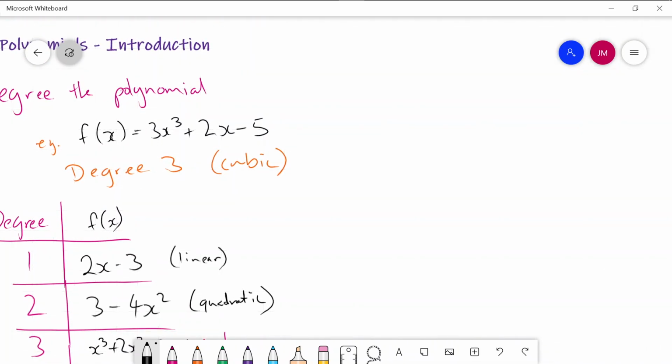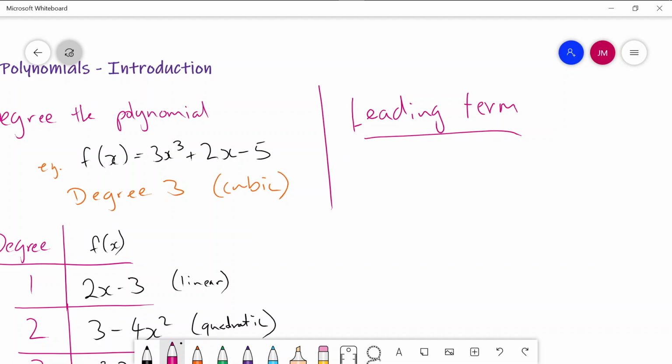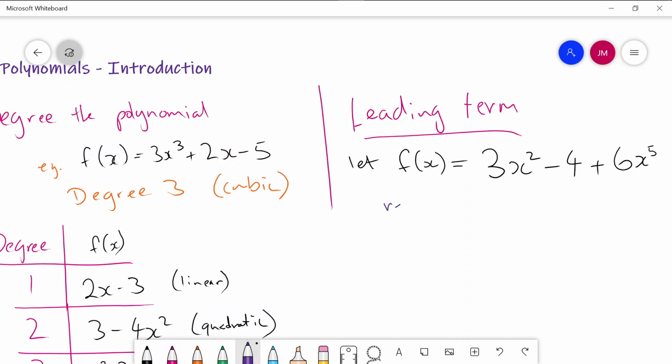Some of the other types of language you'll come across is we have the leading term. So to make it easier, we always list the powers of x in their descending order. So if I had a function f of x, so let's say it was 3x squared minus 4 plus 6x to the power of 5, I could rewrite that as, or reorder.